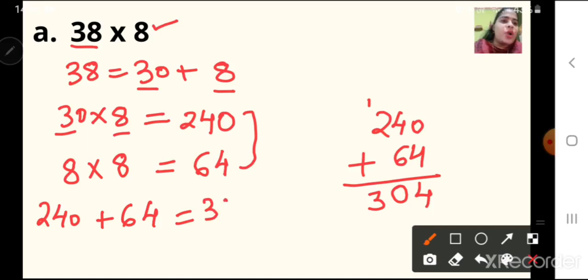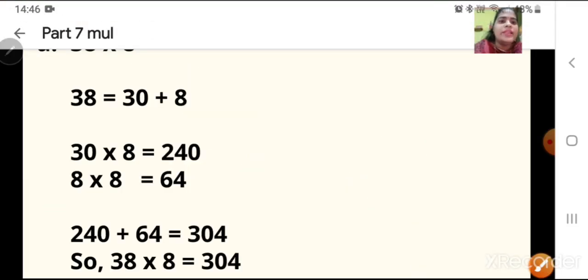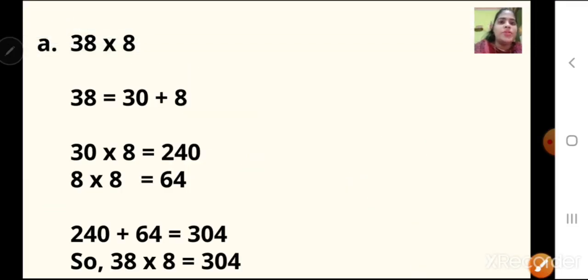Children, so we have got 304. Okay, so you can write the final answer. 38 multiplied by 8 is equal to 304. Okay children, you can write down it properly in your notebook.